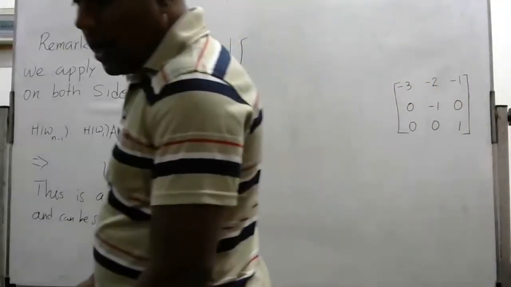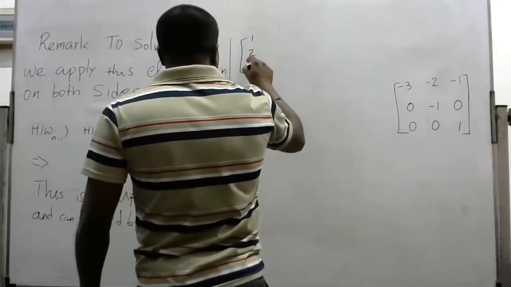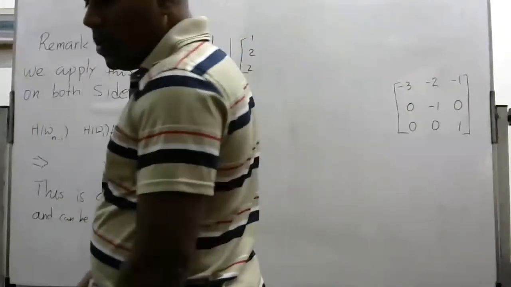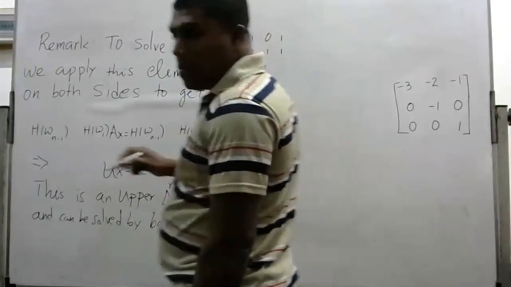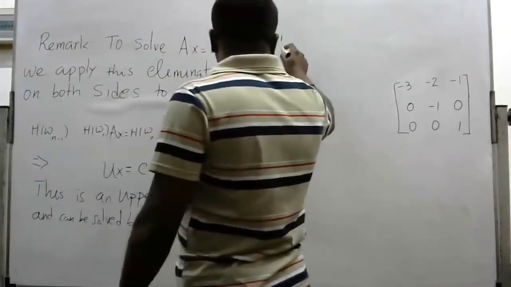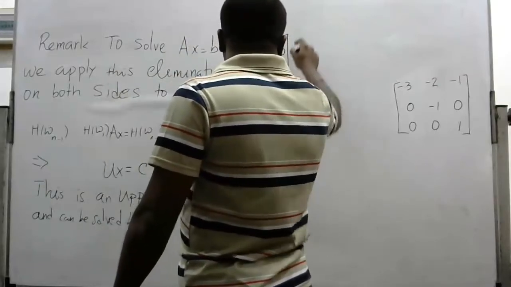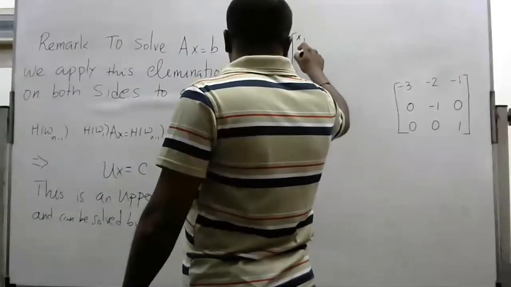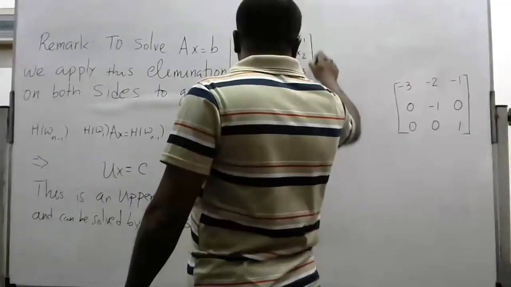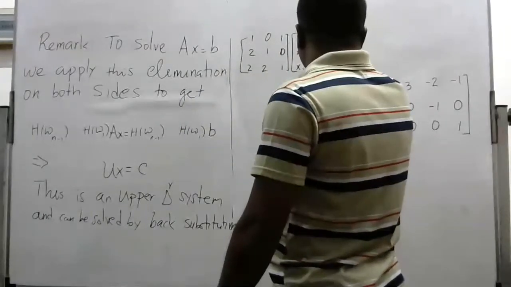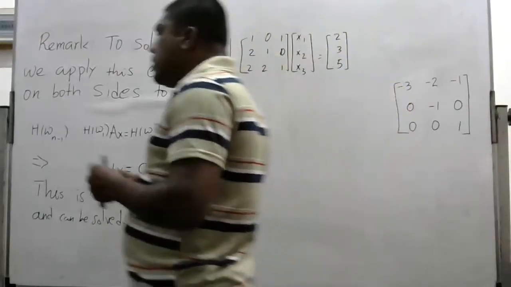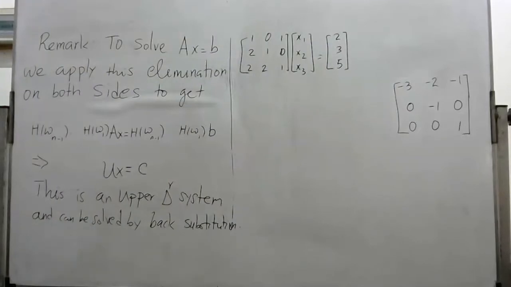So we will use the same A: 1 2 2, 0 1 2, 1 0 1. Right, so let us consider the system Ax equal to b of this form.